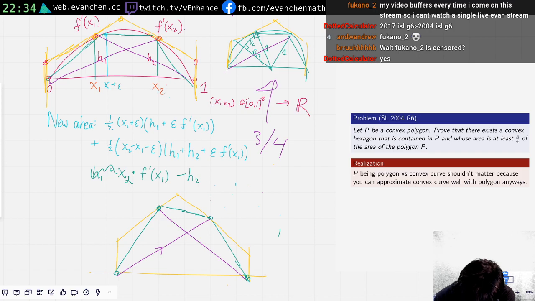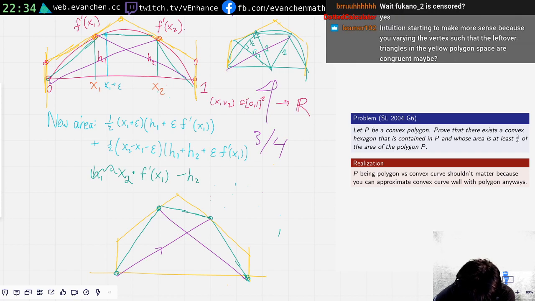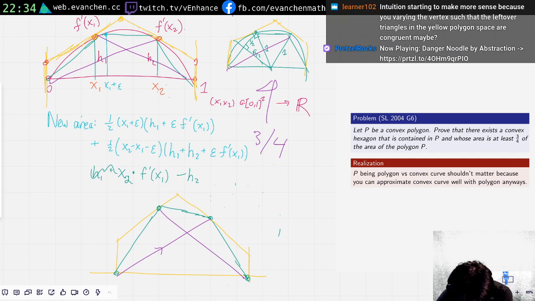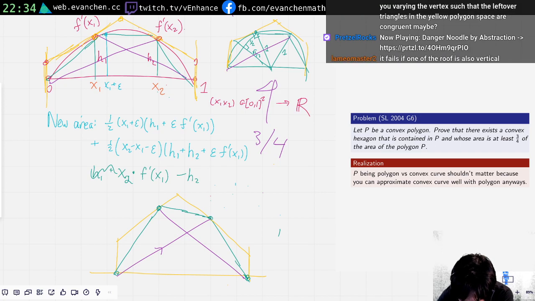In the equality case, jeez, that's actually so annoying. I mean, we think this claim is probably true, right?